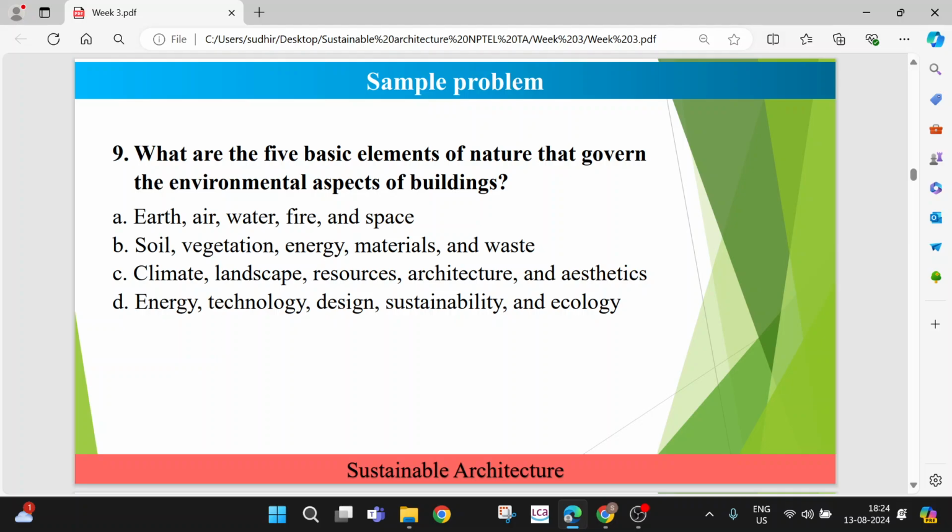If somebody has some queries, they can recall lecture 2 of week 3, where these five amenities, or five basic elements of nature, are well known to all of you. That is option A. All of you have marked option A only. So we will move to the next question. And who has joined late can mark his attendance in the chat box.